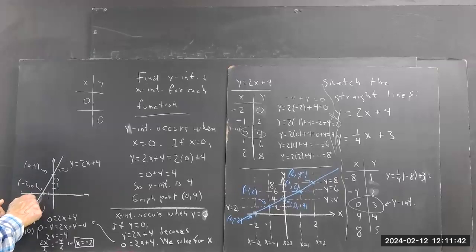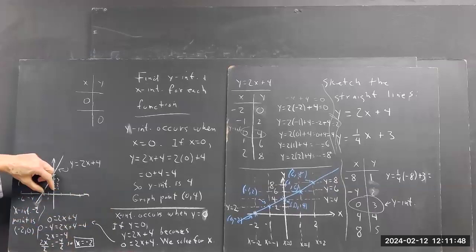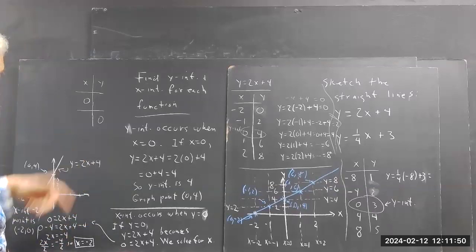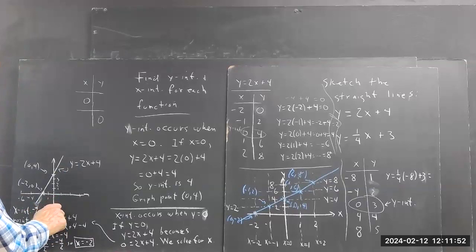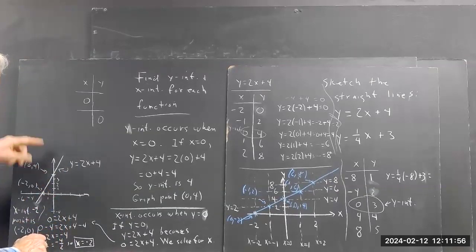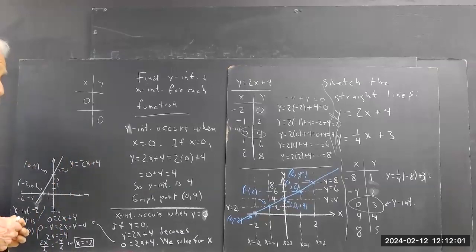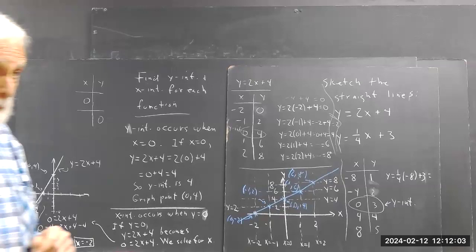That's -4, -6. We go 2 on this side, 4, 6. Just make sure that all our 2's are the same size. We put a -4 down here, the same distance below the x-axis as our +4, mark that off, and mark as much of the graph as we want to.